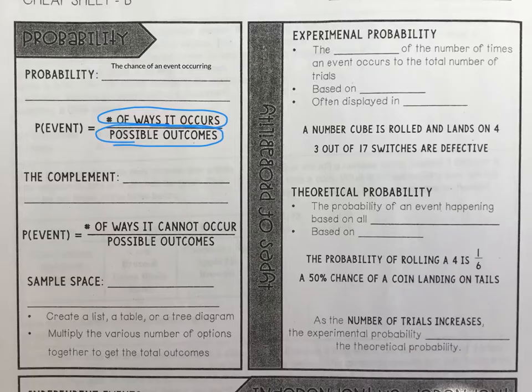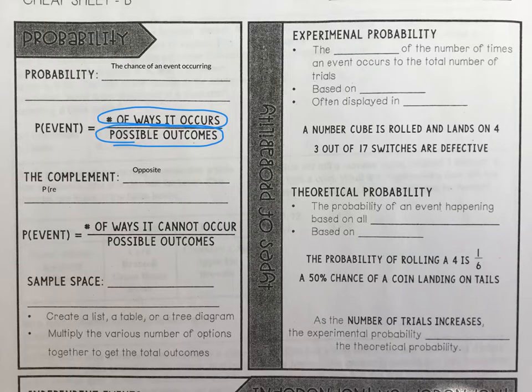When you see something like the complement of an event, that's talking about the event's opposite. So for example, if we're talking about a jar of marbles and we want the probability of picking a red marble, we sometimes use capital P to stand for probability.